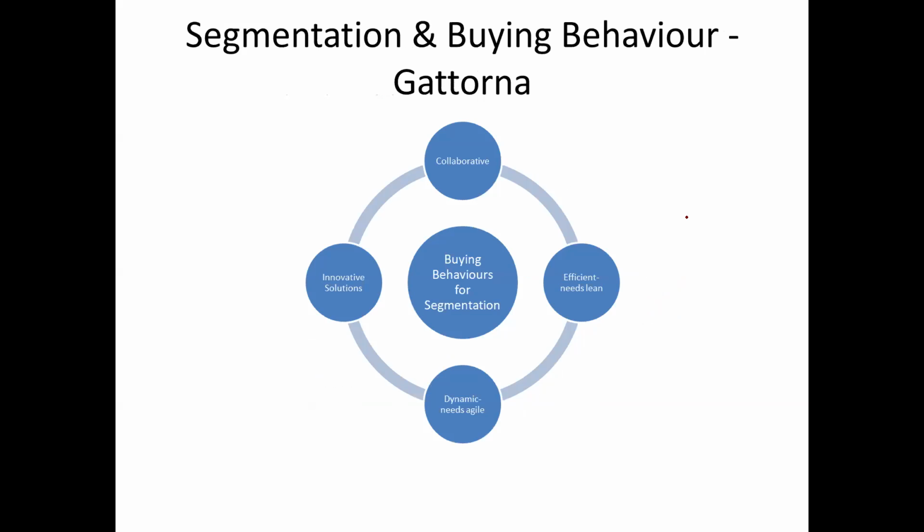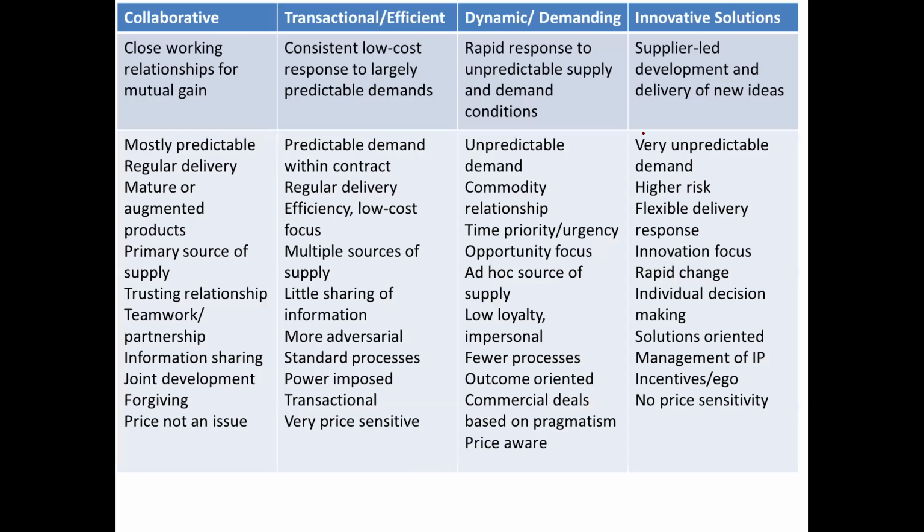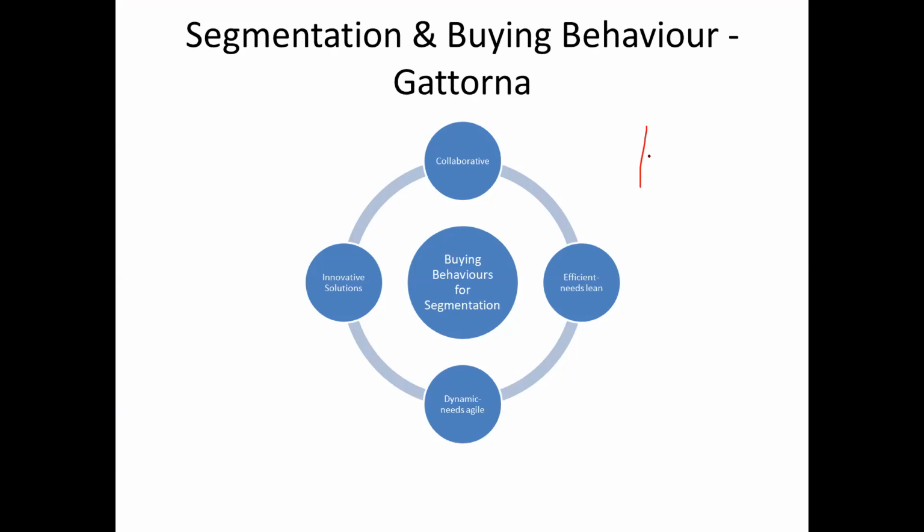Right, this is ultra important. Gattorna, who developed the PADI framework, which is in section 3, said you need to segment your customers based on their buying behaviours, which can be collaborative, innovative, efficient, or dynamic.